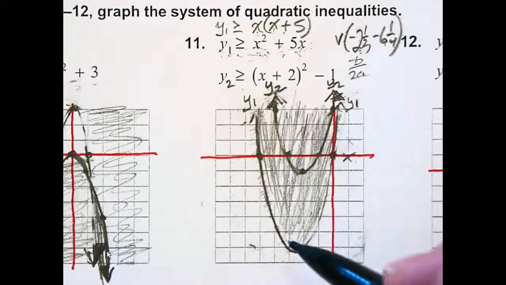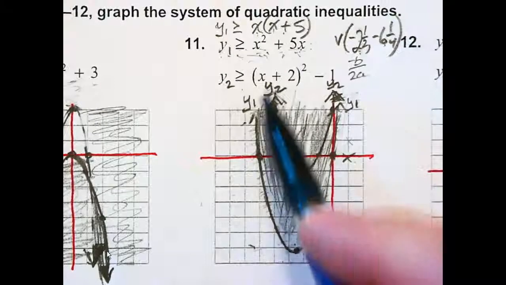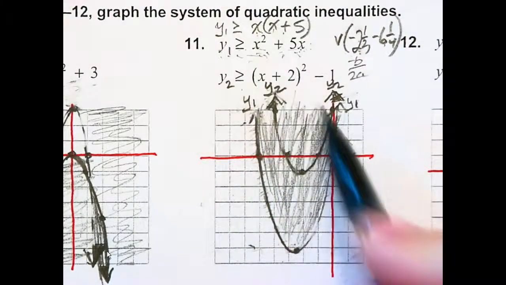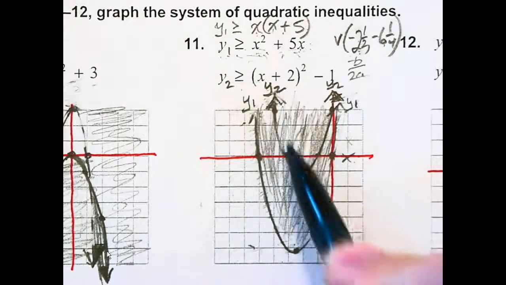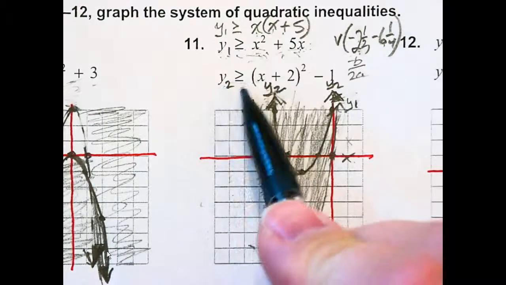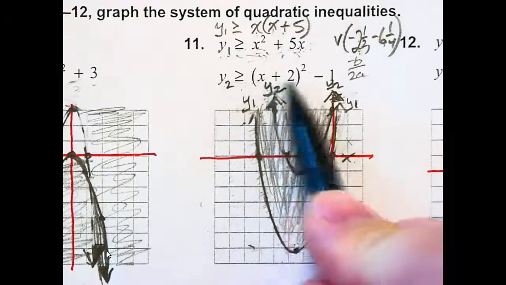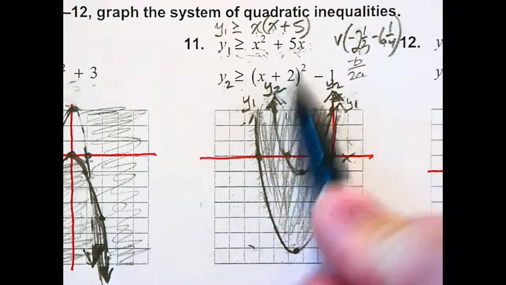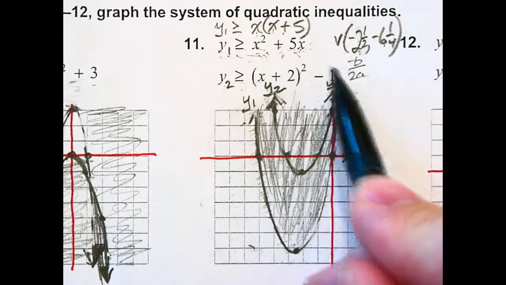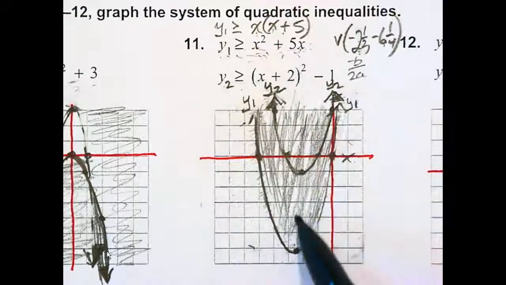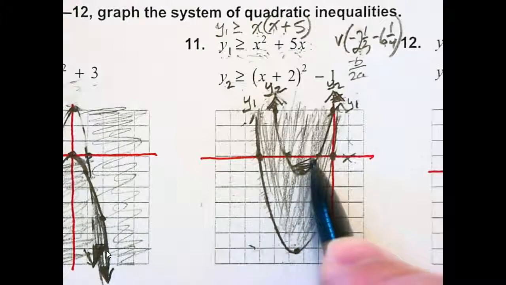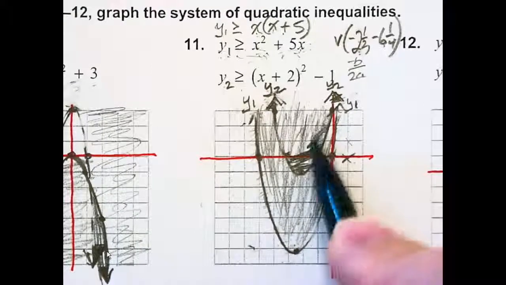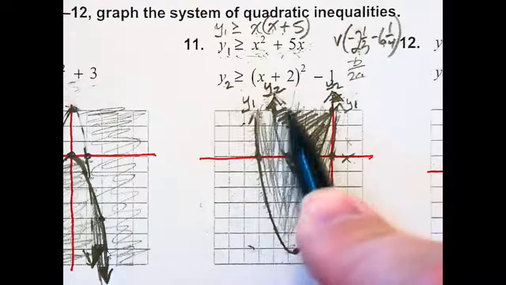Okay, so we have to use our second one here. If we plug in, could we use 0, 0 on this one? Yeah, because it doesn't cross it, right? 0 greater than, well, that's 0 plus 2 squared. That's 4 minus 1. 3. Is 0 greater than 3? No. Therefore, we shade inside. And the overlapping region is inside. It would be right there.